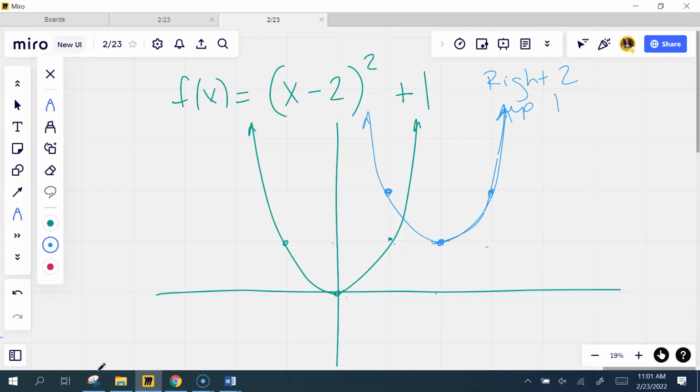Let me see if you really understand. Y'all still copying?